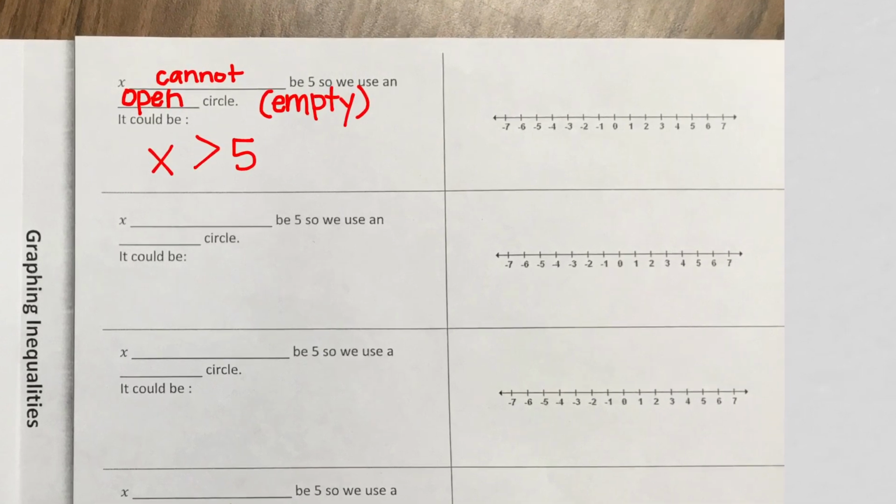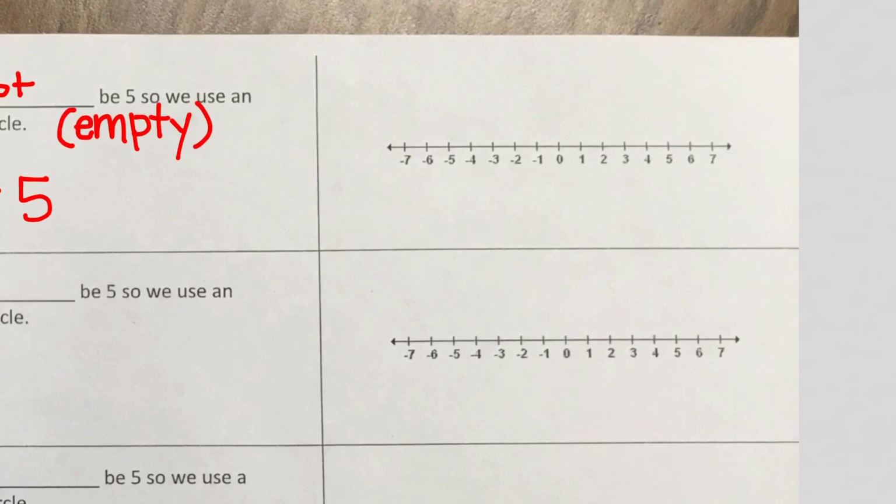So this is how I graph it. I have an empty circle because it doesn't contain 5. So it's empty. It's open. So I'm going to go to 5 and I'm going to draw an open circle on 5. Make sure it's open and it's big enough that you can see it.